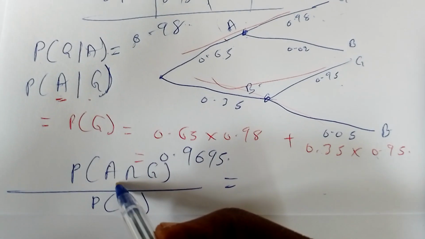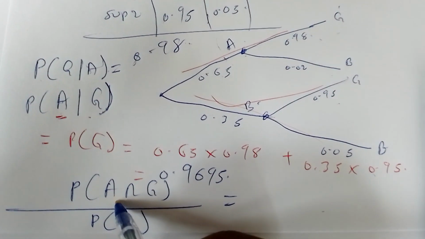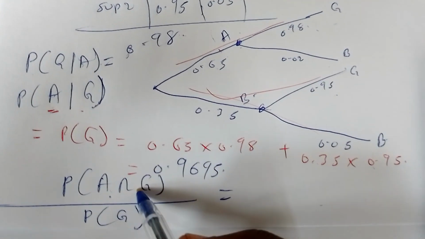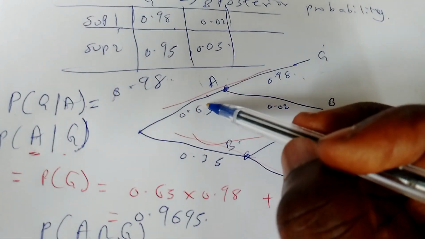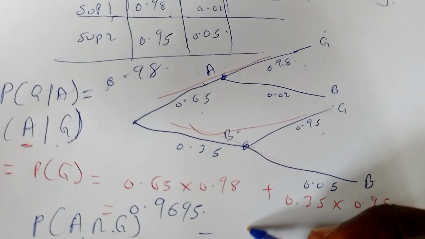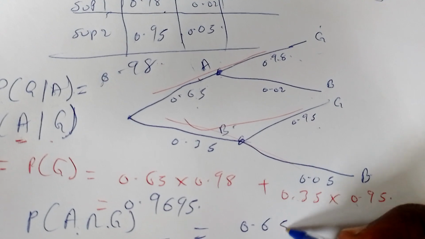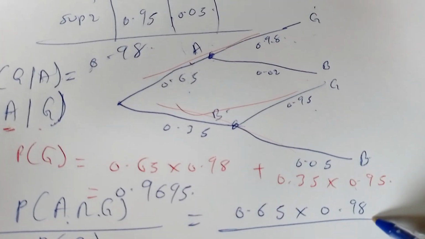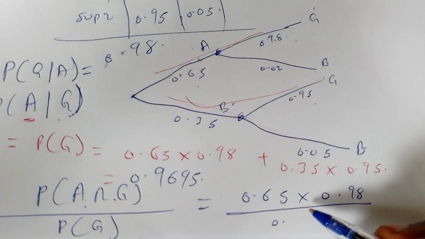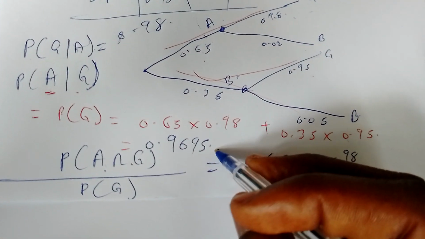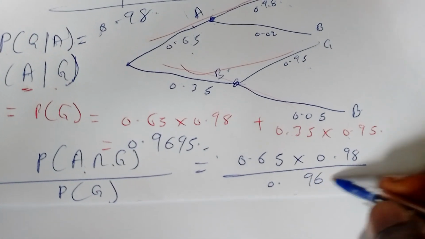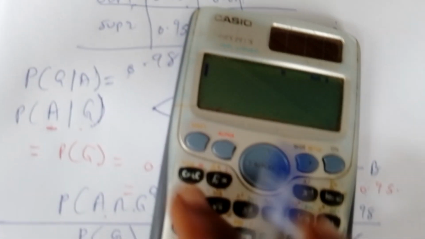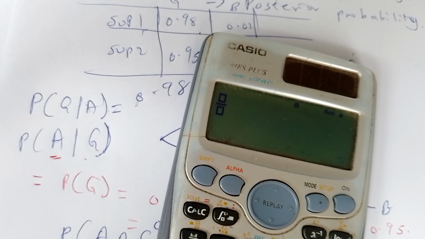The probability of A intersection good is 0.65 times 0.98. Then you divide all of this by the probability that it is good, 0.9695.